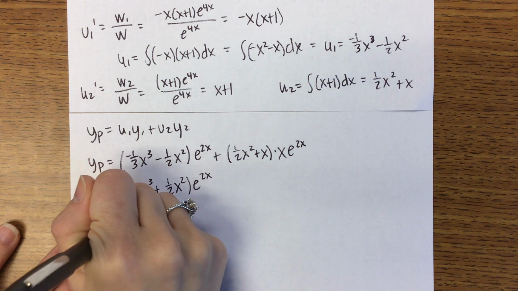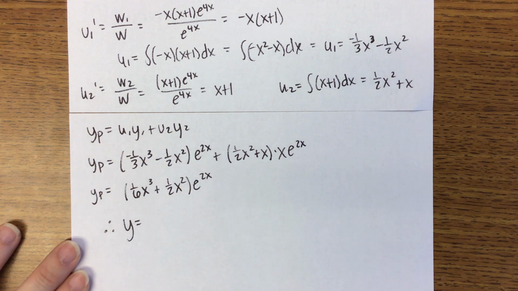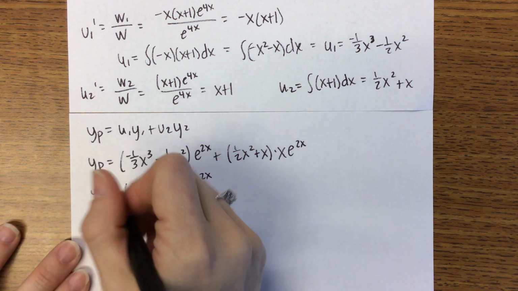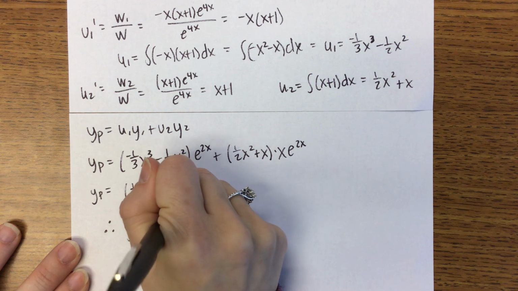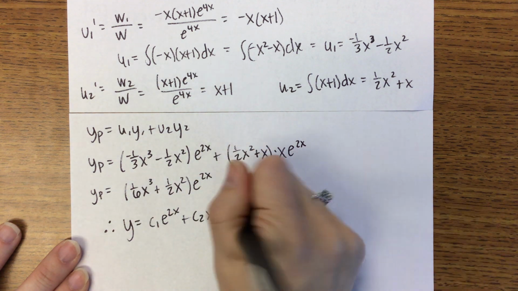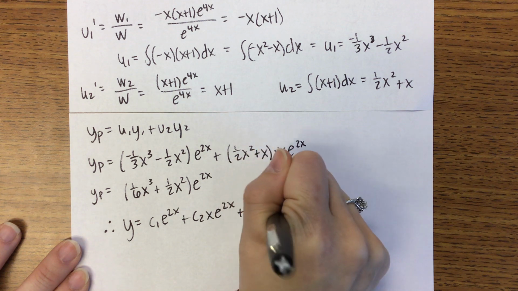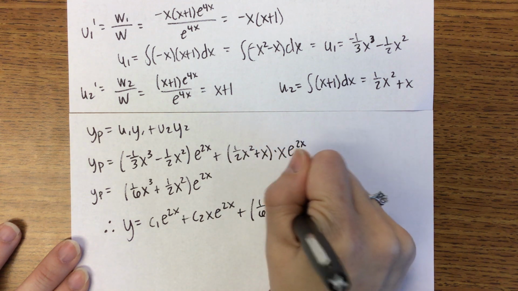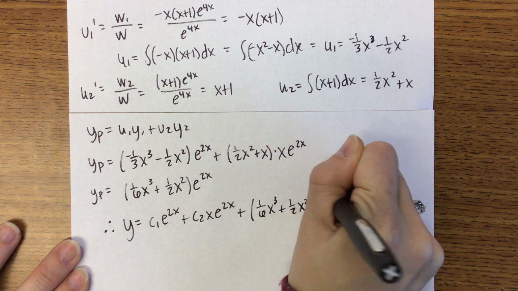Okay, so lastly, our general solution is the complementary add the particular. So we get c1 e to the 2x plus c2x e to the 2x plus 1/6 x cubed plus 1/2 x squared e to the 2x.